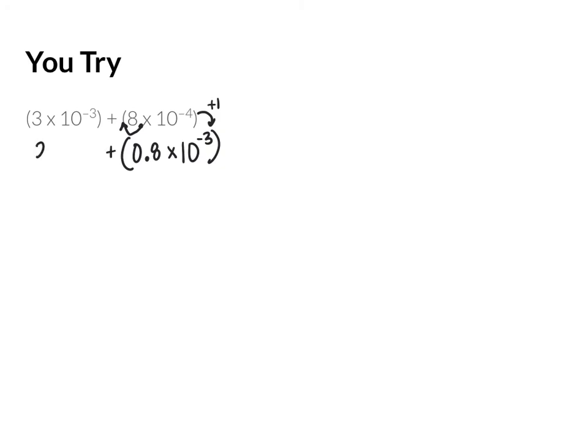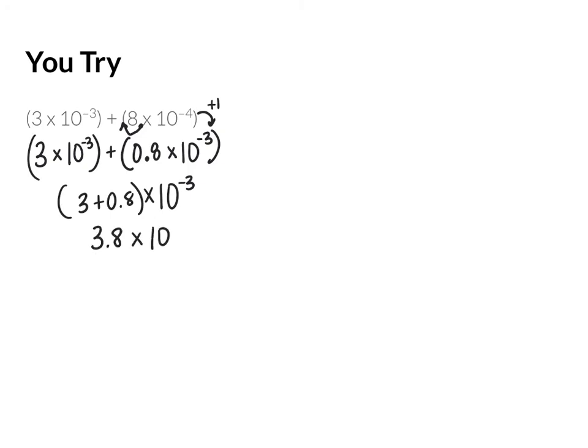That gets added to 3 times 10 to the negative 3rd power. I can then factor the 10 to the negative 3rd out and add the 3 and the 8/10, giving me 3 8/10 times 10 to the negative 3rd power.